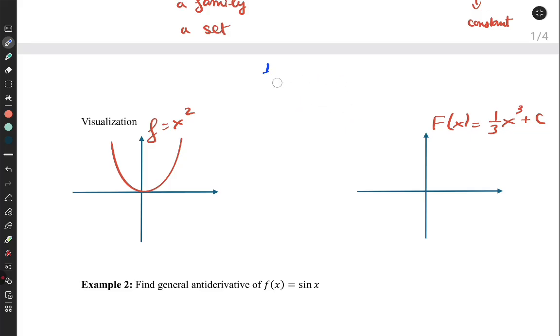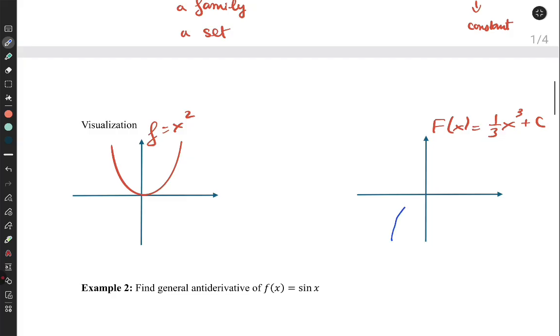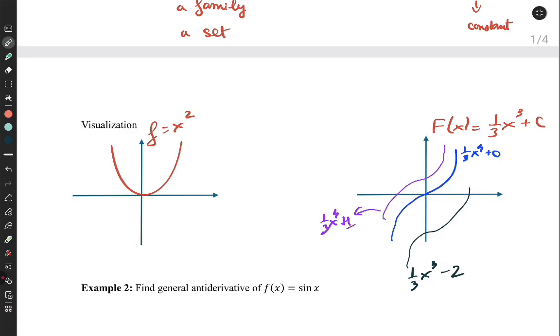In other words, remember, you have a family. That means you have unlimited curves like this. That is plus 0, right? Original. And then if I plus 1, I have it like this: 1 over 3 x cubed plus 1. If I have -2, maybe down here. Shift down by 2 units. So 2, 1, and 0.